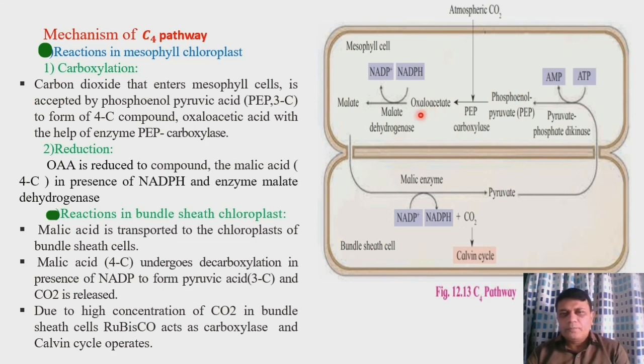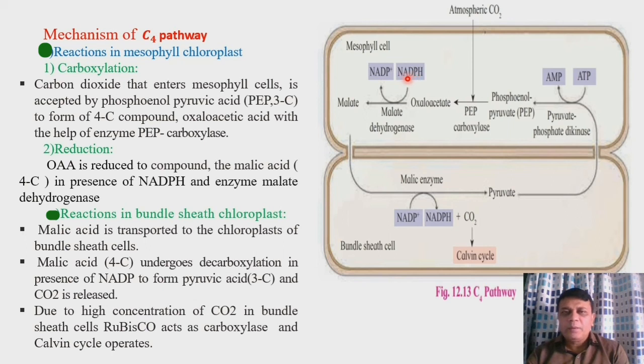Then later on, this oxaloacetic acid undergoes reduction to form malic acid, or malate, in presence of enzyme malate dehydrogenase, and the hydrogen is obtained from NADPH.